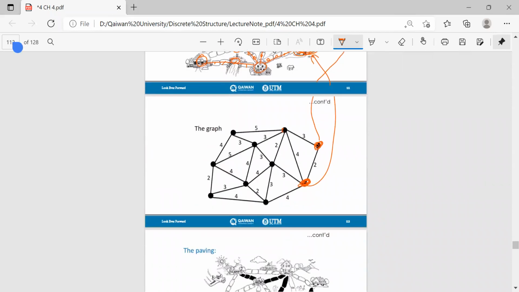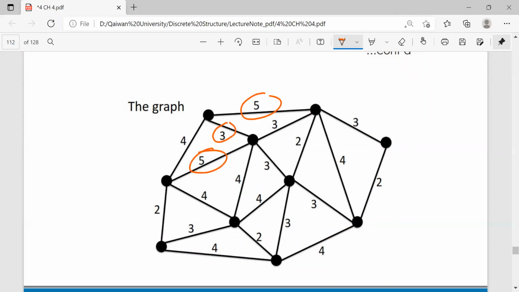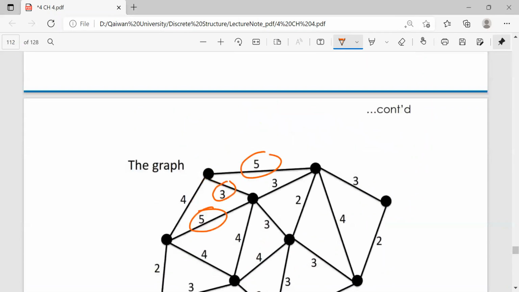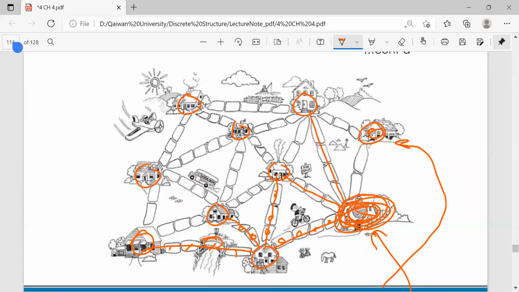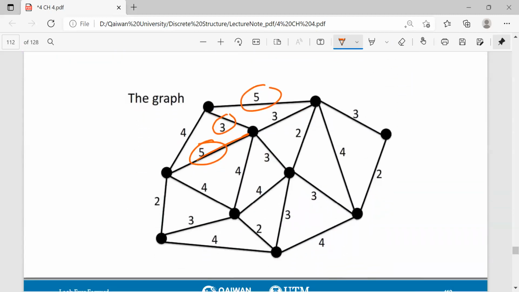Here we have this graph. We first should draw the layouts. These numbers are the weights of these edges. These numbers represent the number of stones here. For example, this 1, 2, 3, 4, 5 stones. So the weight of this edge is 5.